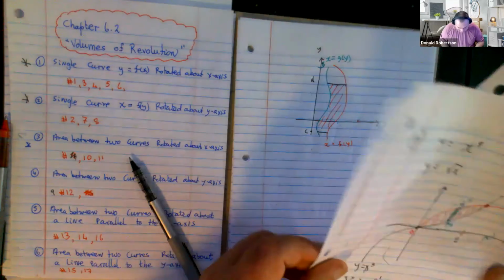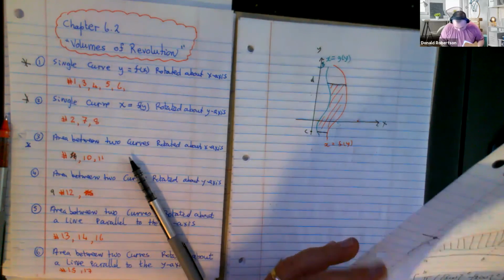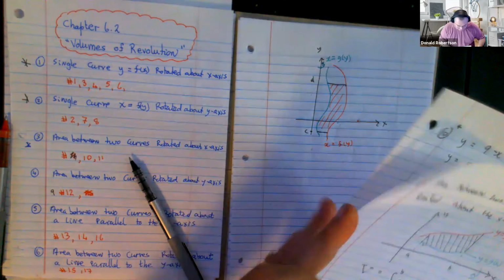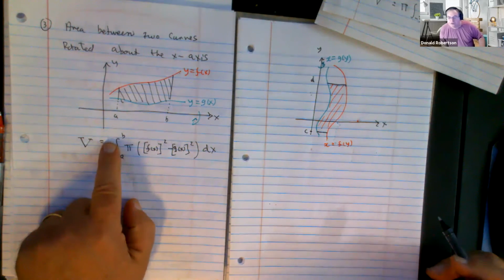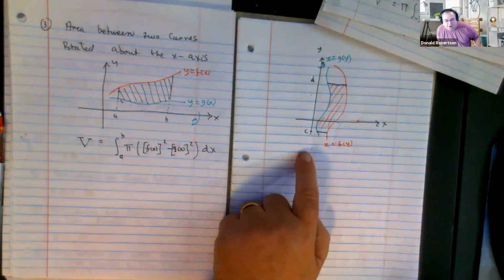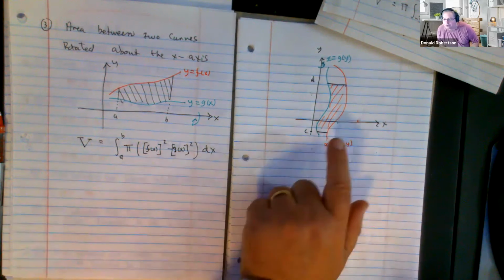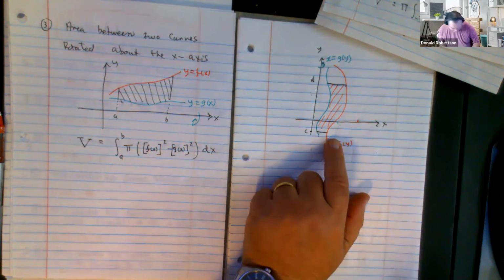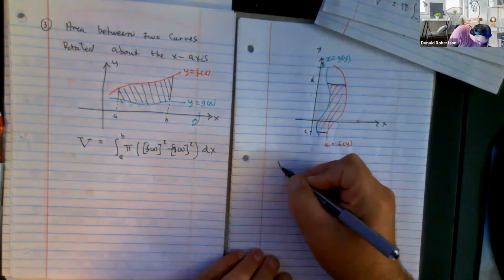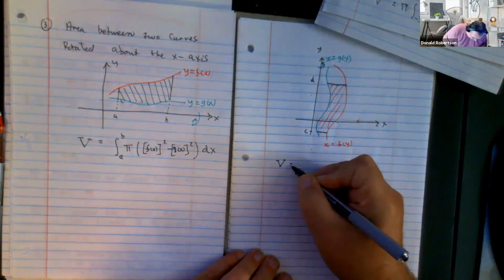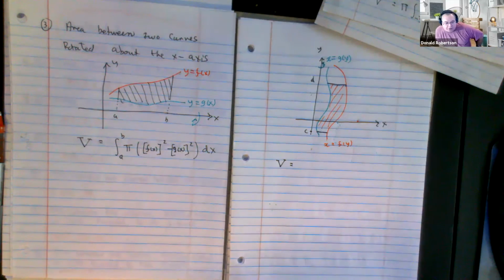So there must be a formula for that situation, right? There's been a formula for every other situation. Well, let's look at the formula when it's rotated about the x-axis and see if that might give us a clue to what the formula would look like when it's rotated about the y-axis. Okay, anybody want to have a shot at it?